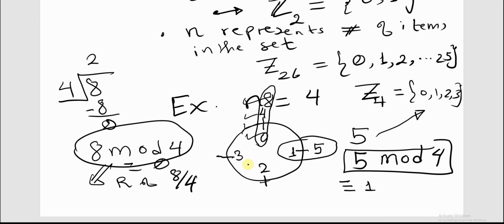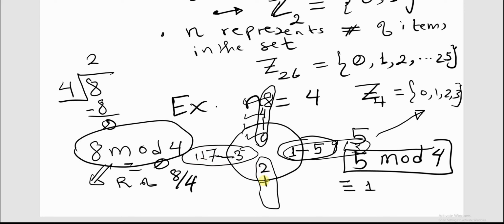Now, of course, 1, 5, also 9, 13, and so on, are all equivalent with each other. You can think of these as different trays. Then we have 3, 7, and 11.